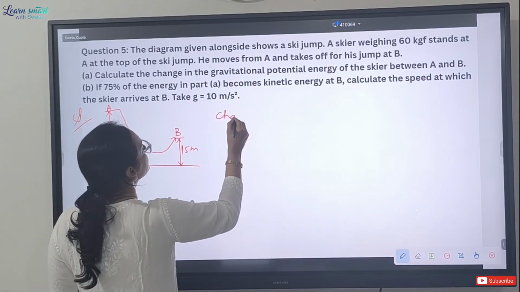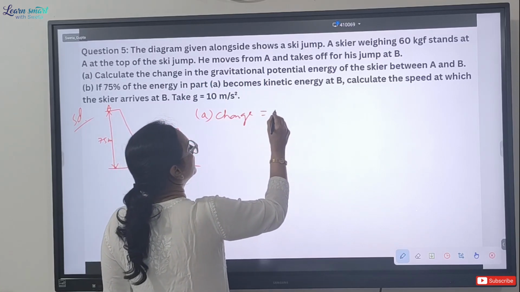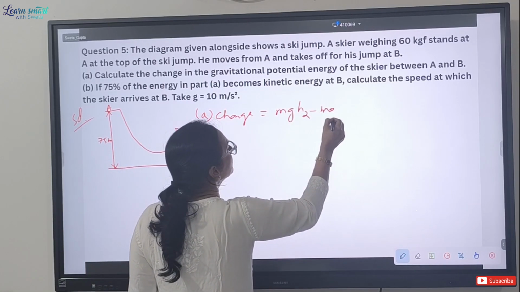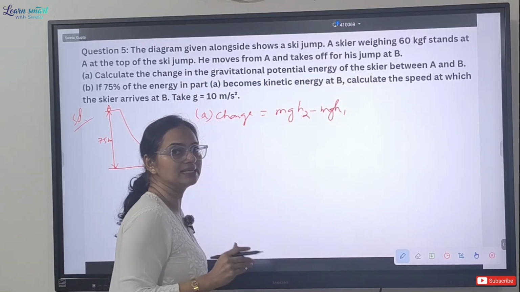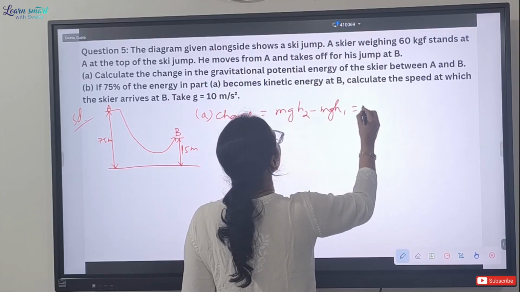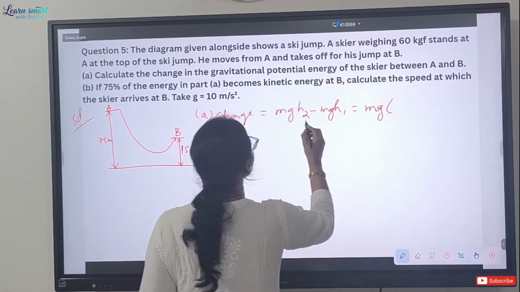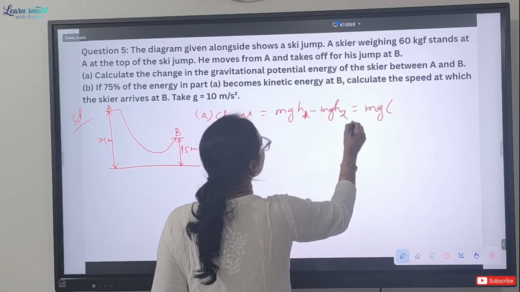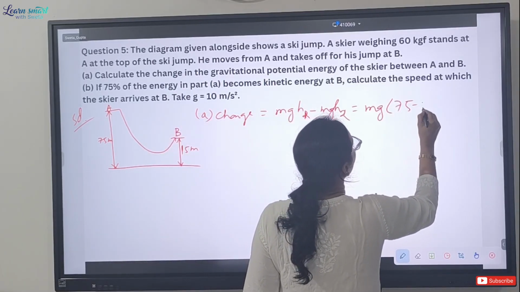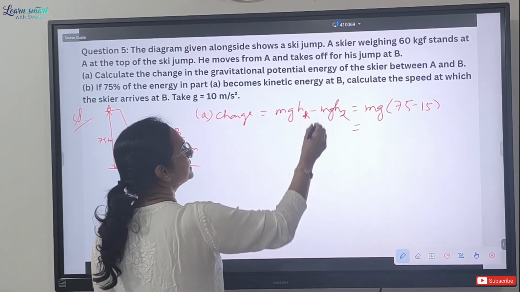So the change is mgh2 minus mgh1. That is the change in the gravitational potential energy. So it will be mg, we will take common, and h1 minus h2, which is 75 minus 15, which is mass, it was 60 kgf.